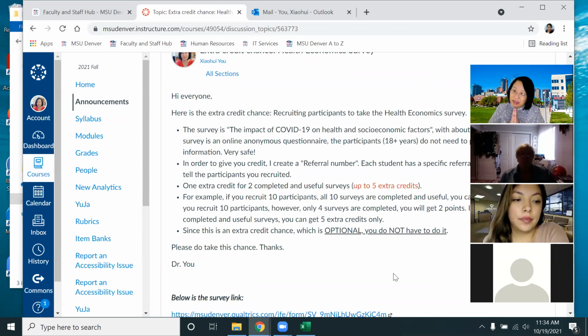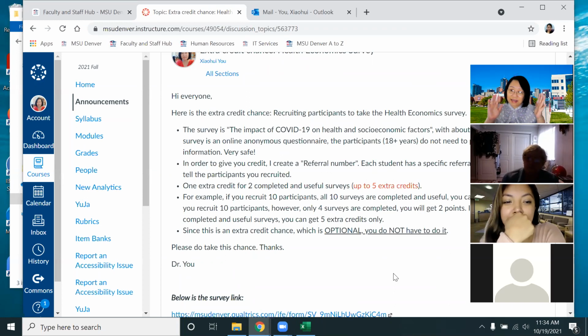Also, attending the first 3 classes, you will get 1 extra credit each. So there are 5 extra credits plus the 3 extra credits for attendance, so the total will be 8 extra credits. When you calculate your total grade on this course, you can add this extra credit.